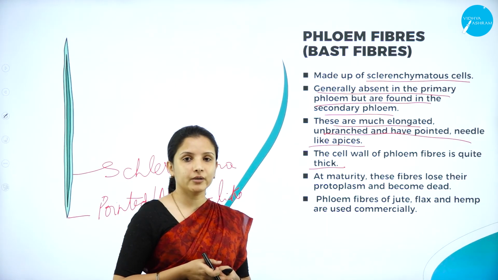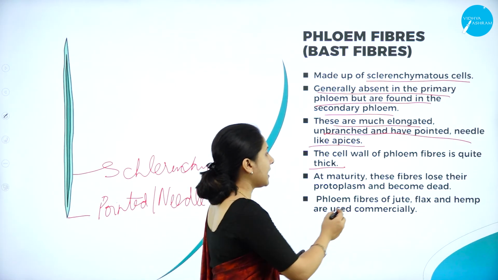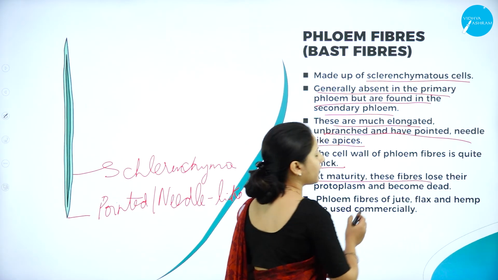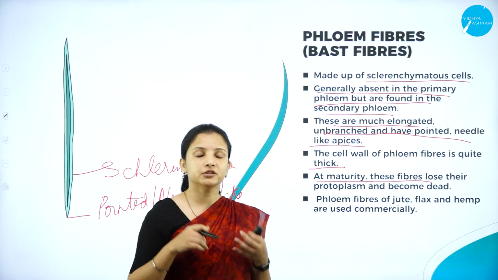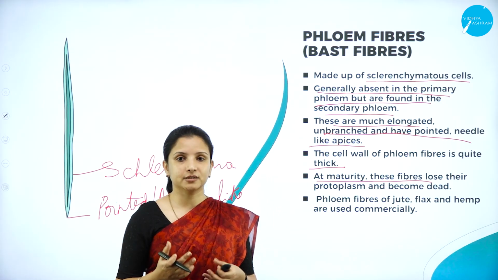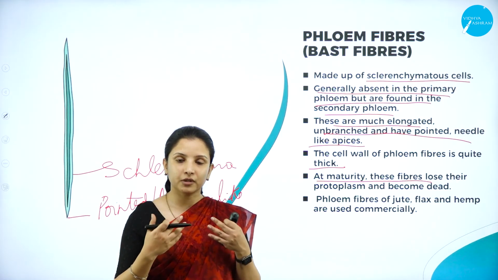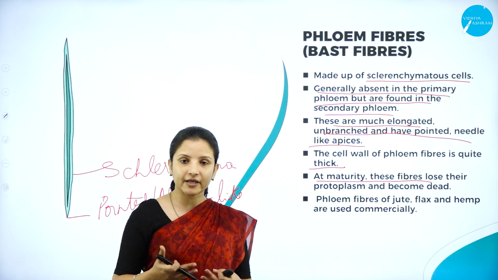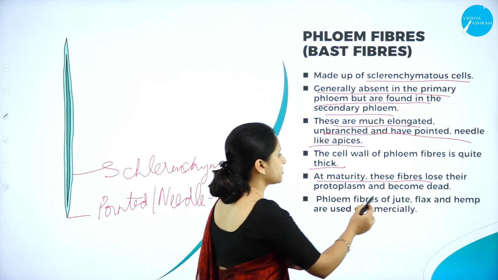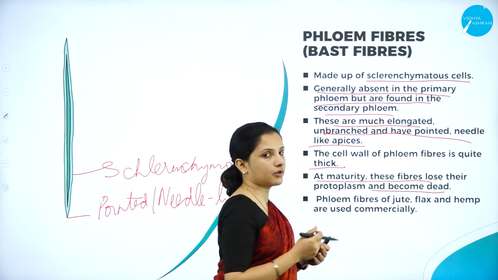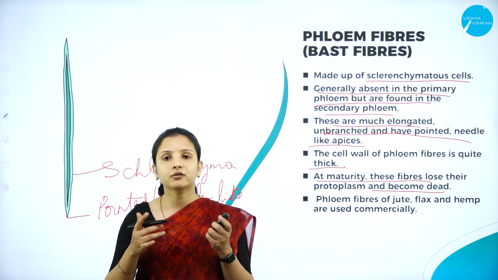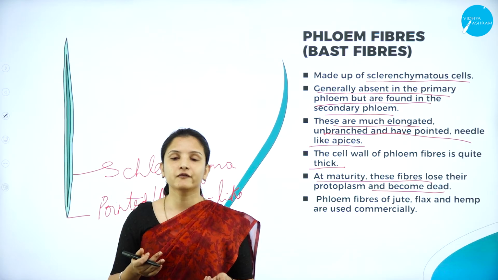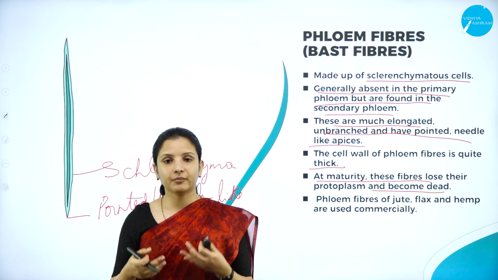The cell wall of phloem fibers is very, very thick, and at maturity, these phloem fibers usually lack the protoplasm, or the protoplasm is lost when the phloem fibers reach maturity, and therefore they become dead. Remember, in sclerenchyma, they do not have the protoplasm. Therefore, the cells of the sclerenchyma are dead.